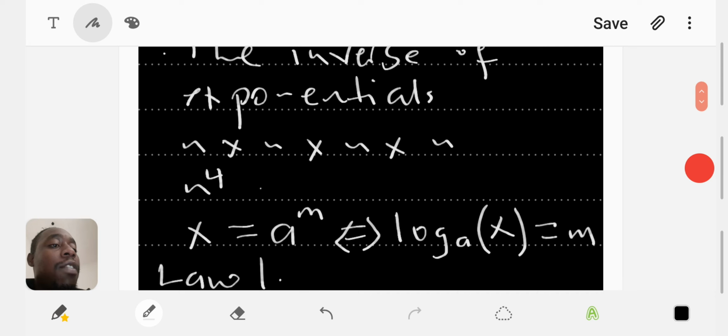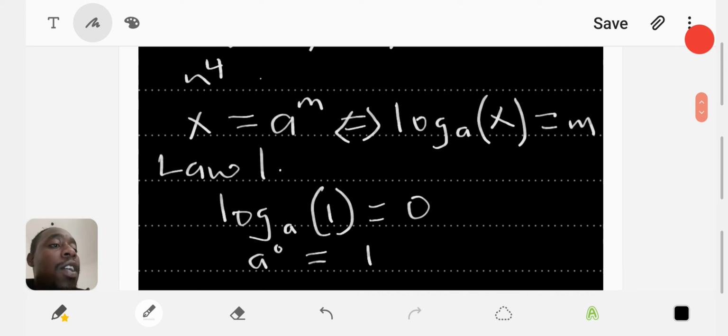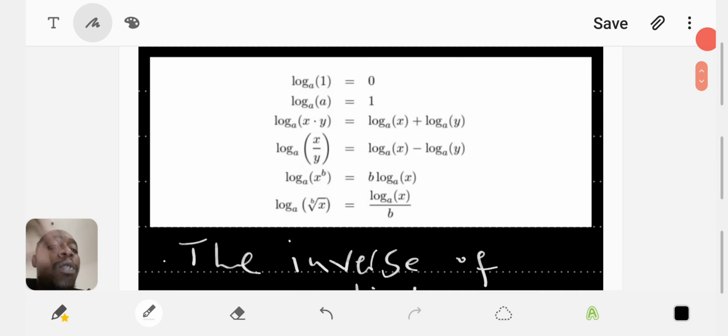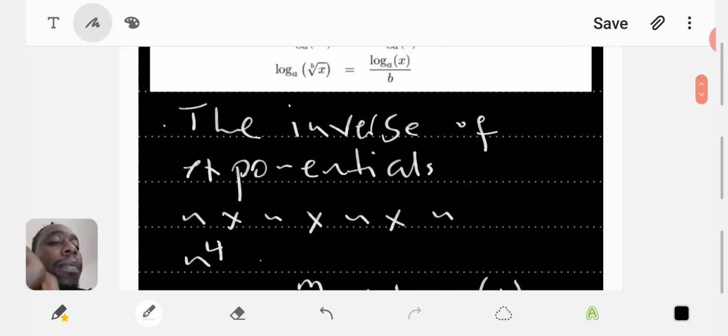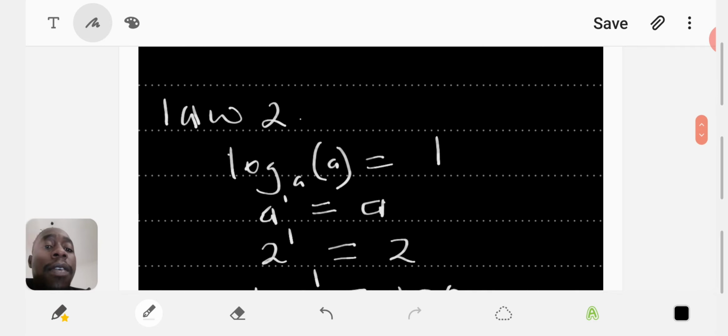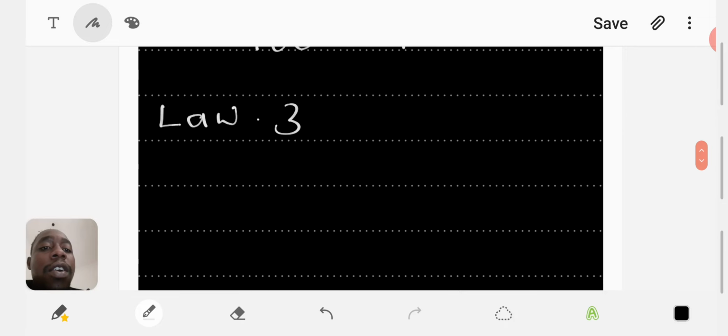So we have log to the base of a of x multiplied by y.